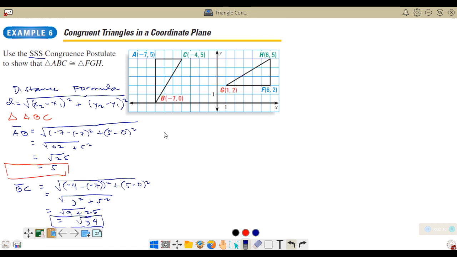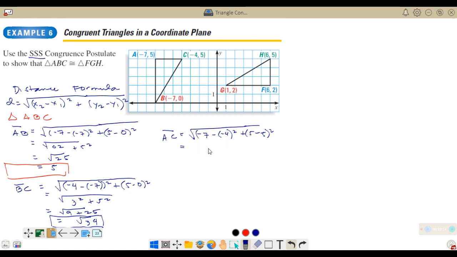Next, dun tayo sa BC. Segment BC is equal to the square root of negative 4. Tapos na pala tayo sa BC. AC pala. AC. So, ito yung x sub 2. We have negative 7 minus negative 4 squared plus 5 minus 5 squared.